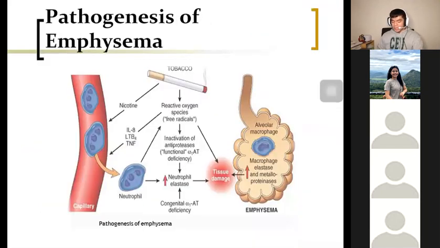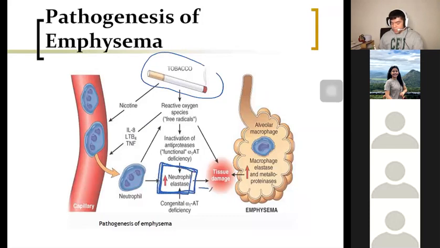So another figure that explains pathogenesis of emphysema. So for example, tobacco smoking. Kapag naninigarilyo tayo, that can enhance neutrophil elastase action that would eventually destroy the elastin present in the lungs.